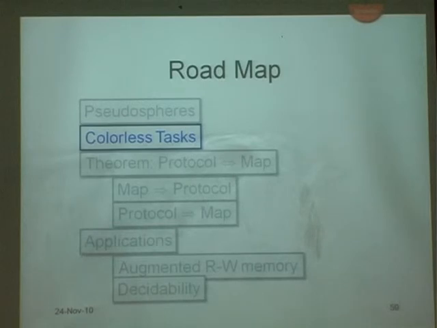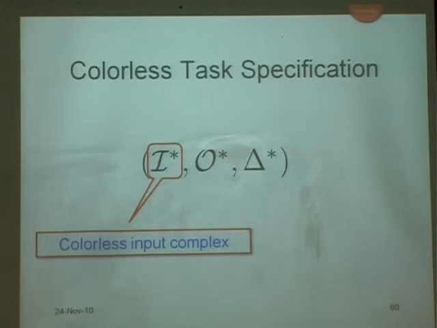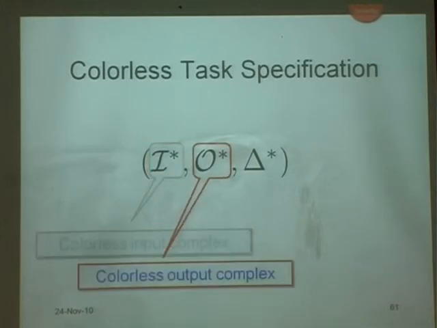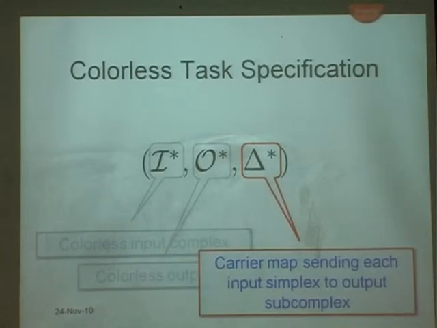Okay, so now we can go back and do a quick definition of colorless tasks. We have a colorless input complex, a colorless output complex, and a carrier map. What does this mean? Well, we put pseudospheres over everything.